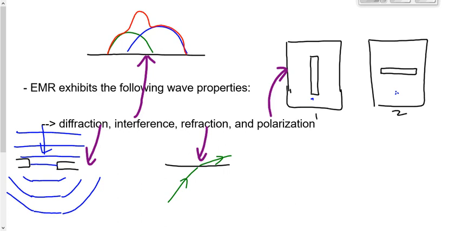We will learn later on in this unit properties of particles that are exhibited by EMR, evidence for the particle nature of EMR rather than the wave nature of EMR. But for now, these four wave properties demonstrate very well the wave nature of EMR.